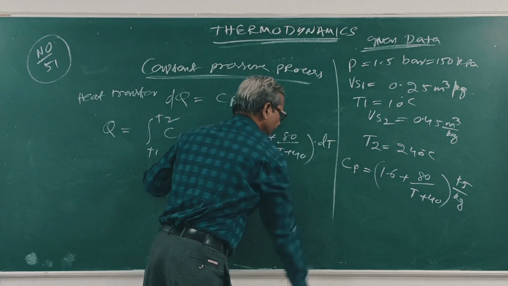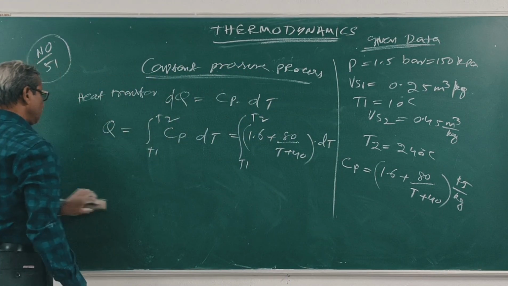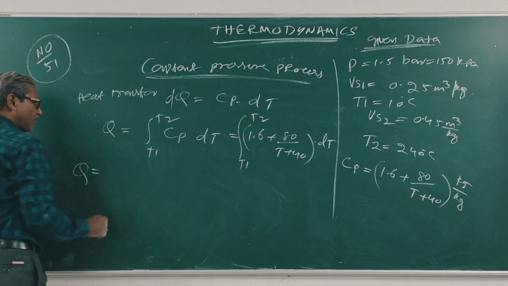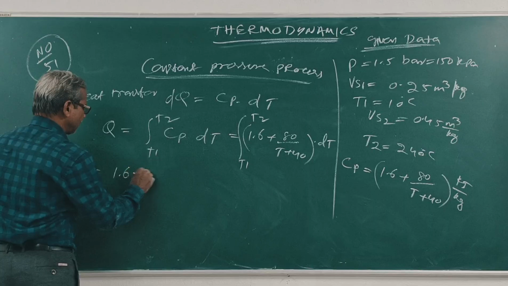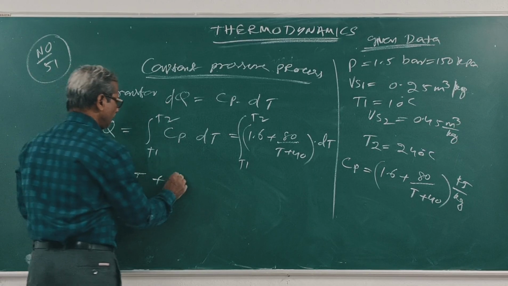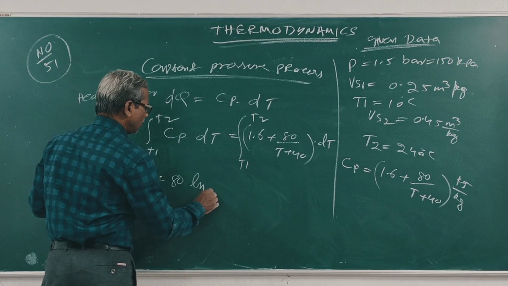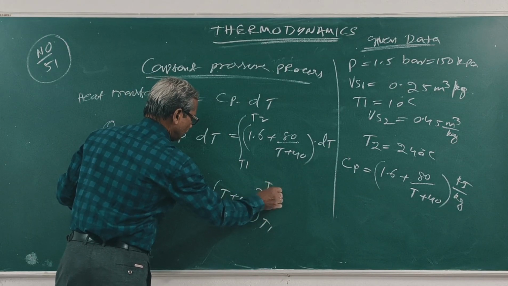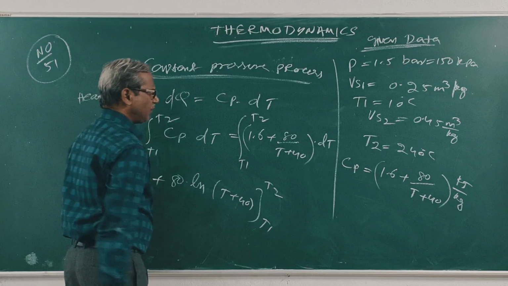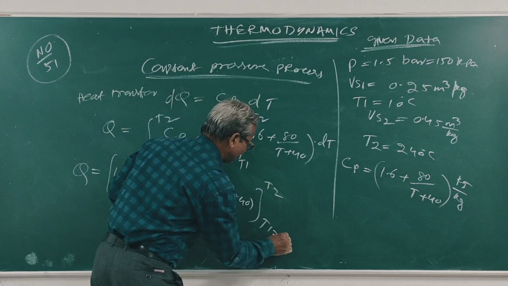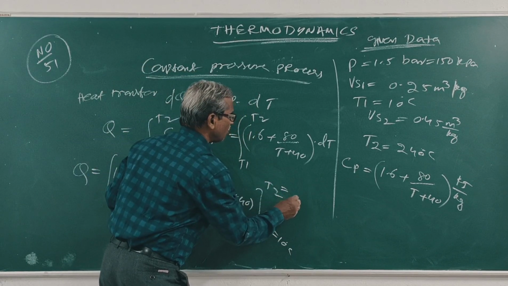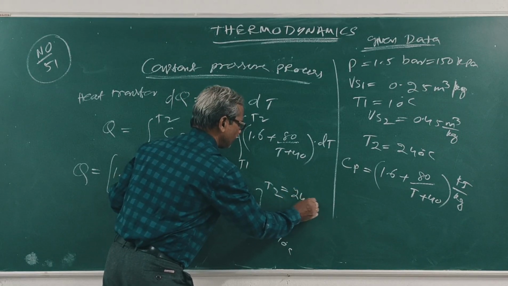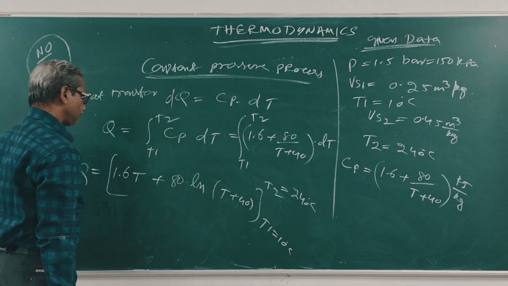Right? So Q is equal to 1.6 T plus 80 log of T plus 40, limit T1 to T2. T1 is equal to 10 degree centigrade, T2 is equal to 240 centigrade. Clear?